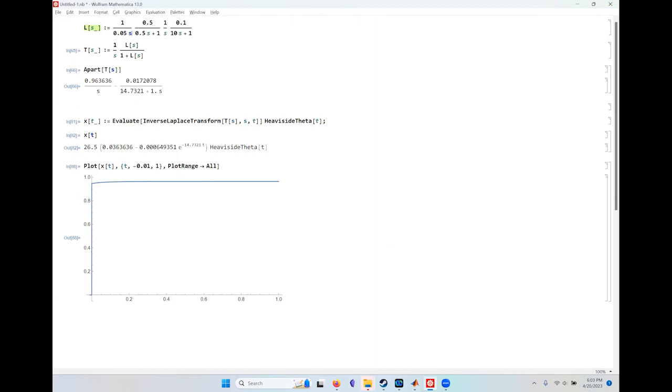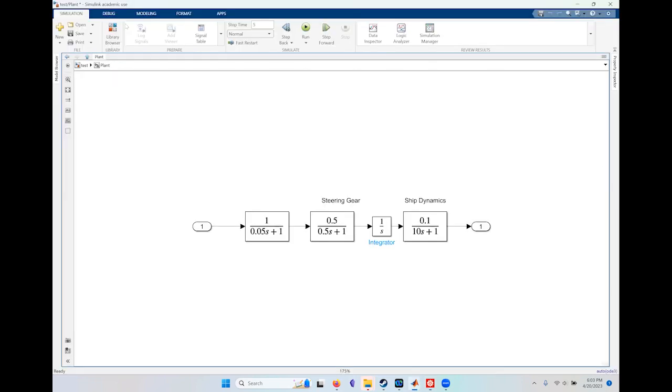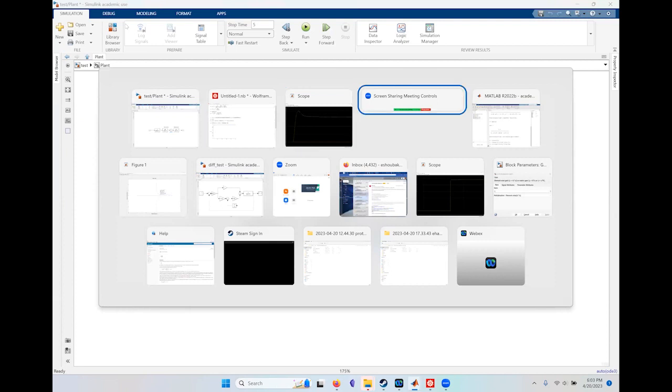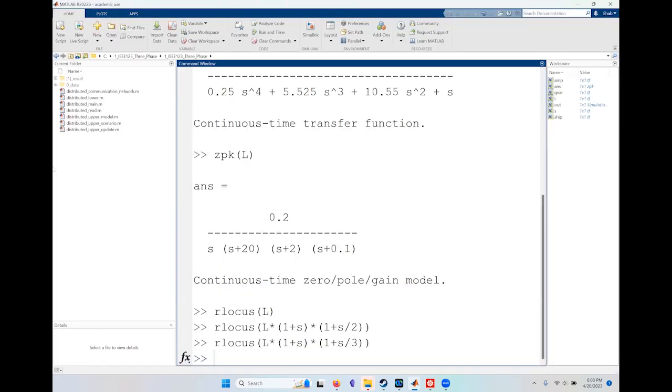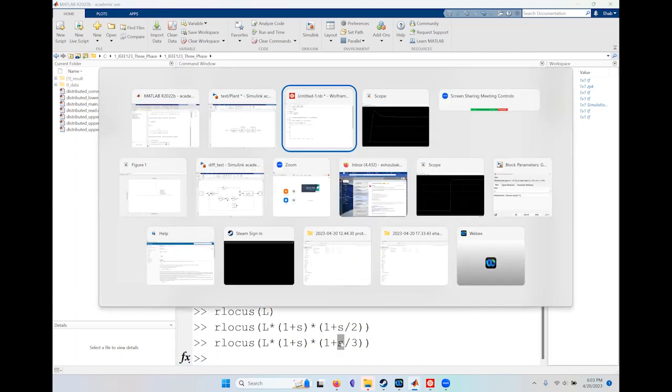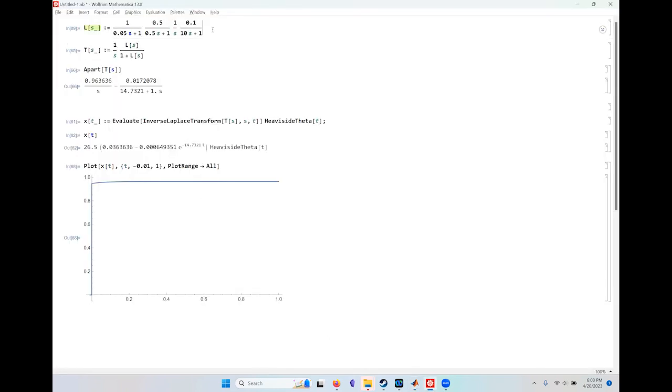That's the open loop gain. And remember, we also added zeros. We added a zero at 1, a zero at minus 1, and a zero at minus 3. So let me add the zeros here.